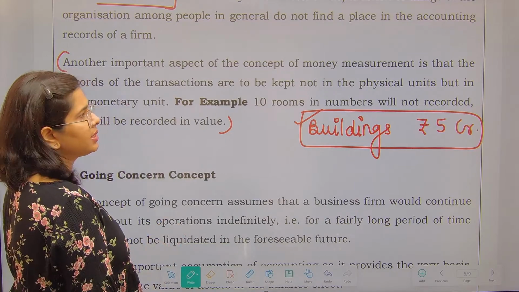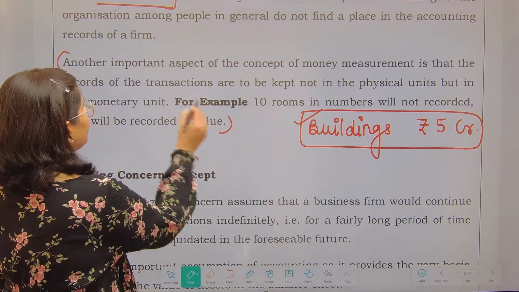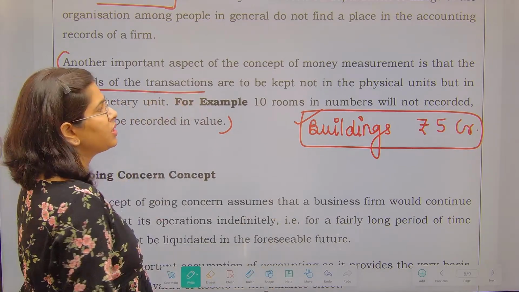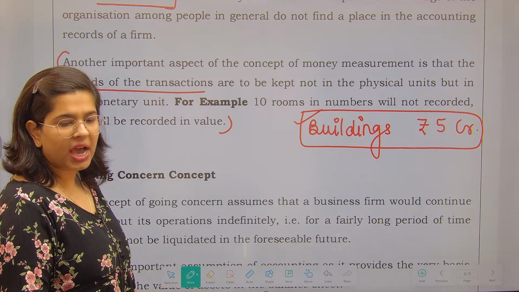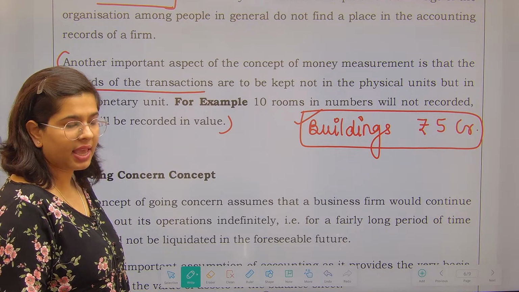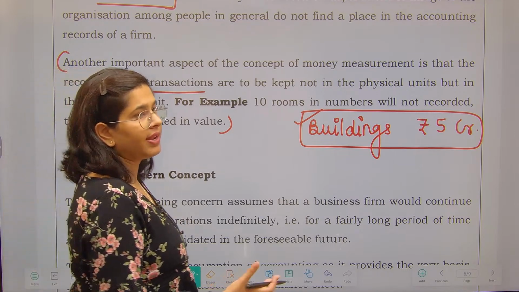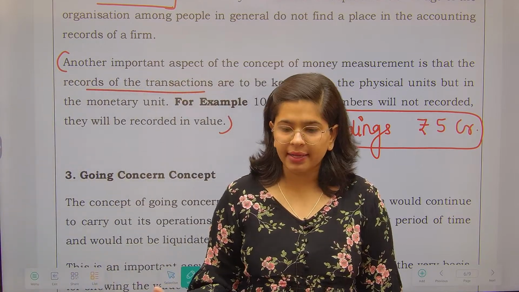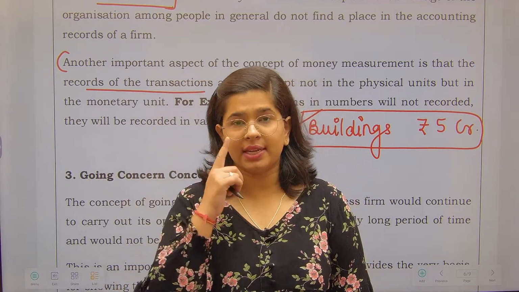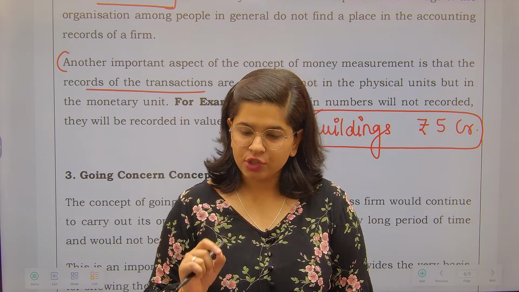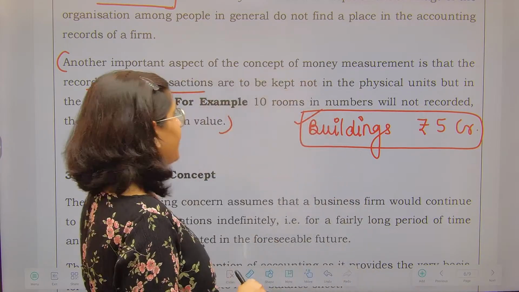Another important point of money measurement is that records of transactions are not kept in physical units. Physical units might be 4, 5, or 10. Like I have stock, inventory of 100 items, but I want to find its value in money terms. Fine, so this is the case here.